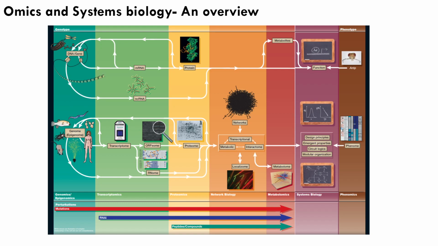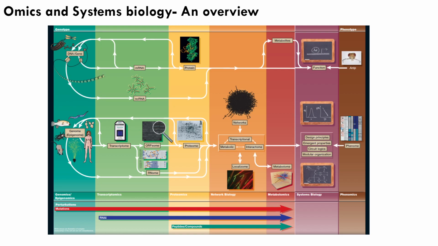You can find emergent properties, circuit logics, modular organization. Along with the phenotype data, you can get a total idea in a theoretical manner about how the system is working and how it is interacting with each of its components.